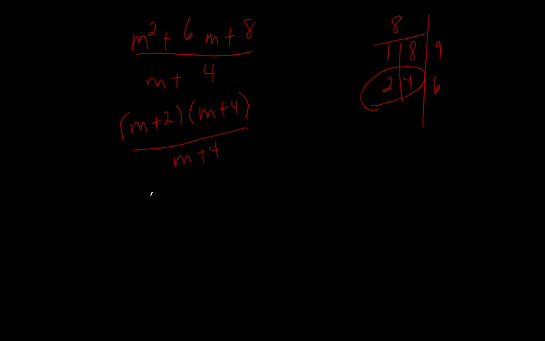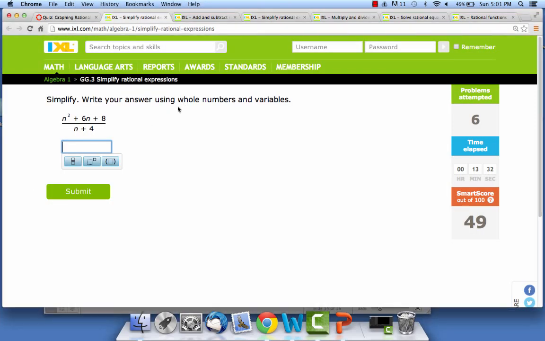Okay, so this is m plus 2 over 1 times m plus 4 over m plus 4. If we agree that m is not negative 4, then that's m plus 2.